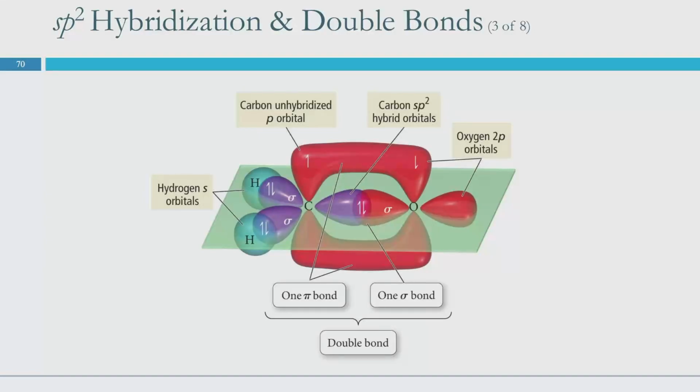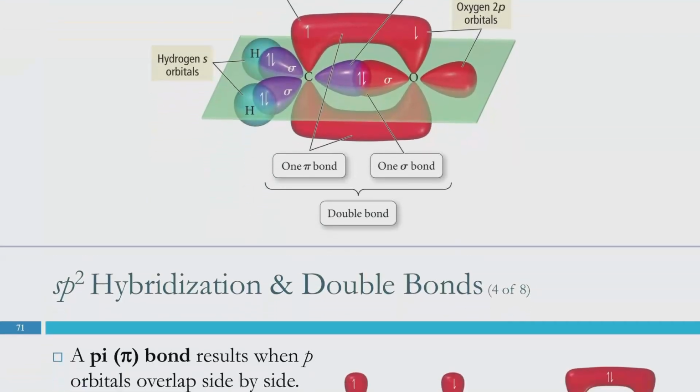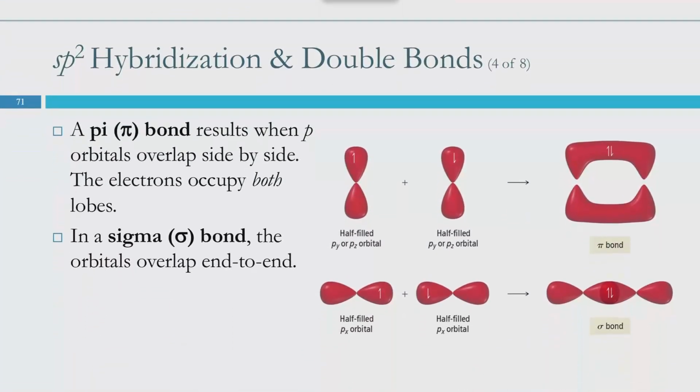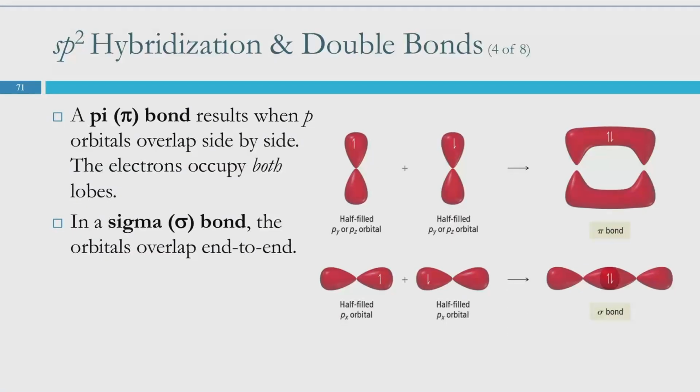So this raises a fun new topic for us, which is different types of bonds. So we've got 2 different ways that we can classify bonds, either as pi bonds. Pi bonds are from p orbitals overlapping side by side.